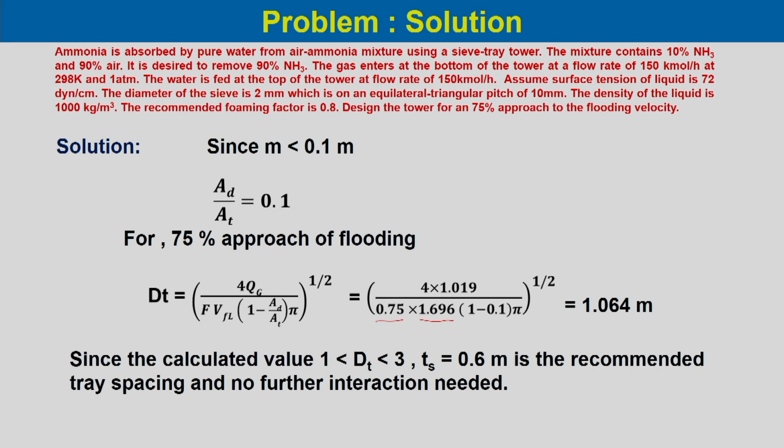Since the calculated diameter is between 1 and 3 meter, and we assumed Ts equal to 0.6 meter, which is the recommended tray spacing, no further iteration is needed. That is within the acceptable limit.